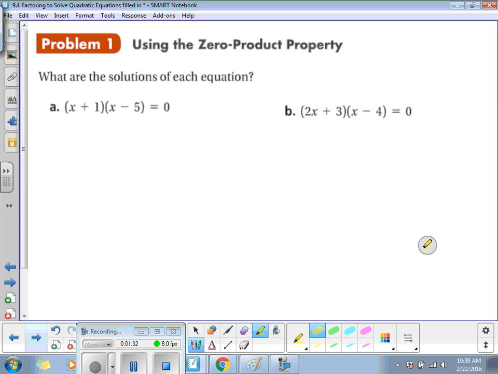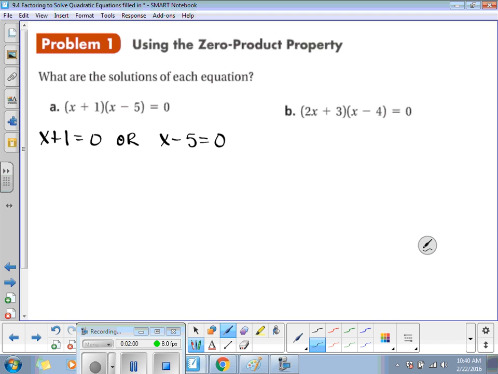All right. So problem 1 is using the zero product property to find the solutions. Because it says it's equal to 0, that means either x plus 1 is equal to 0, or x minus 5 is equal to 0.